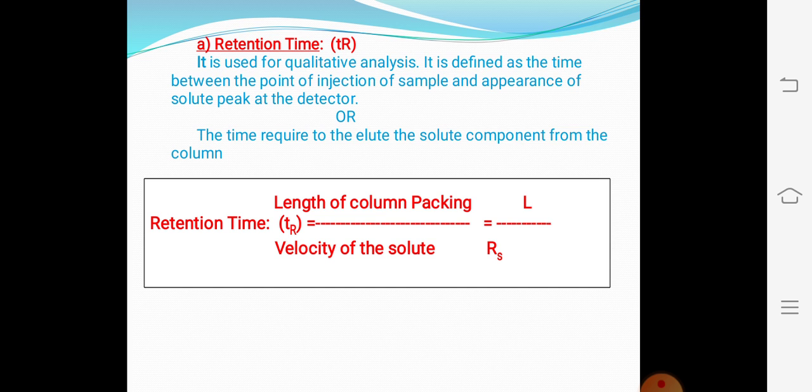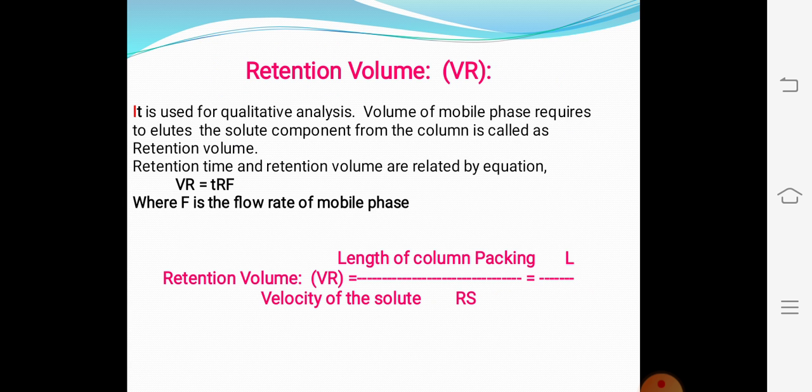It is used for qualitative analysis, and it is defined as the time between the point of injection of the sample and the appearance of the solute peak at the detector. Another definition of retention time is the time required to elute the solute component from the column. The retention time is equal to the length of column packing divided by the velocity of the solute.